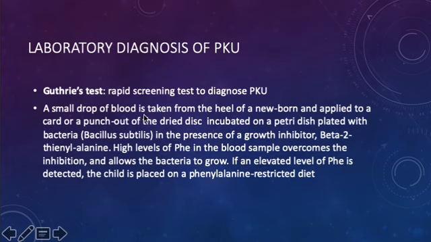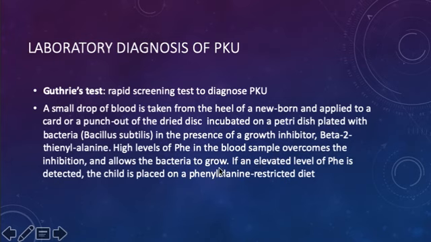You take a small drop of blood from the heel of the newborn, and it is applied to a card or a punched out dried disc, which is incubated on a petri dish plated with the bacteria Bacillus subtilis in the presence of a growth inhibitor, which is beta-2-thienylalanine. Any high level of phenylalanine in the blood sample overcomes the inhibition and allows the bacteria to grow.